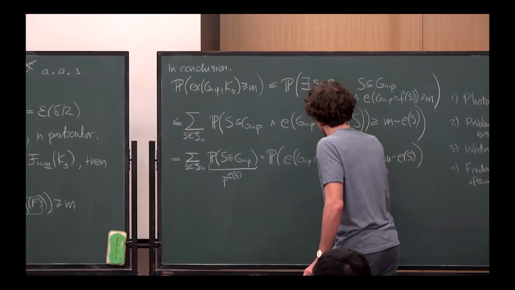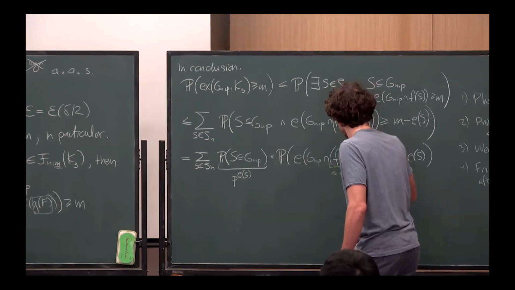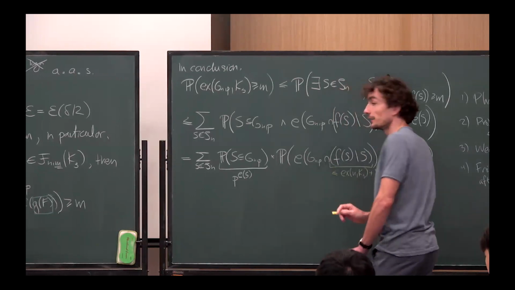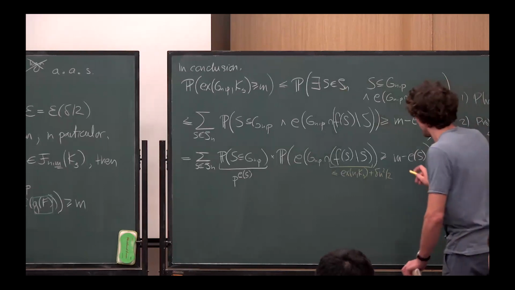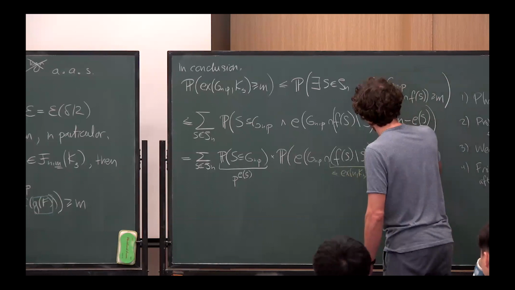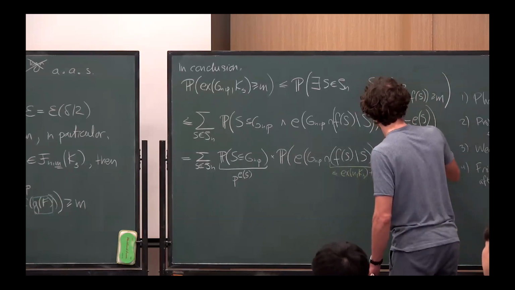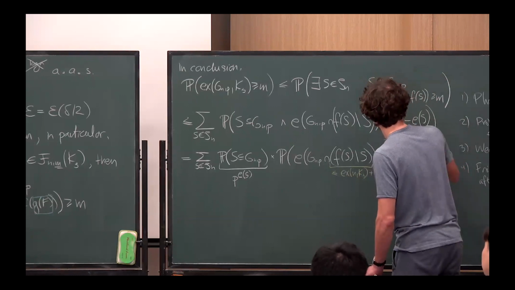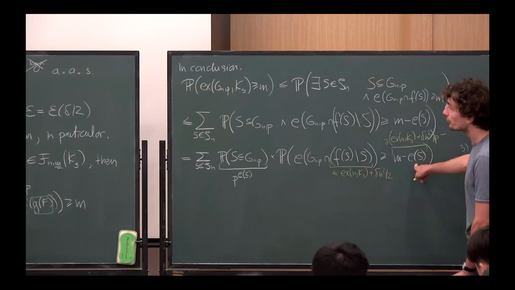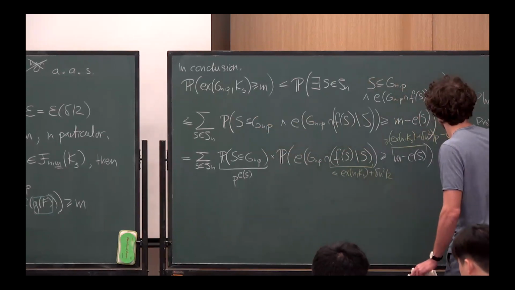The number of edges in here is still at most the number of edges in F of S, which we assumed is at least this minus the number of edges of S. Well, it's at most a constant times n to the 3 halves.